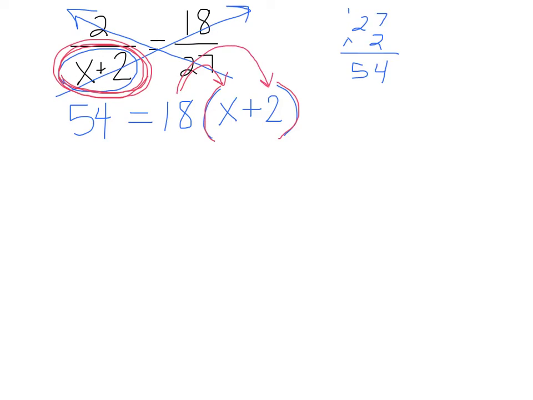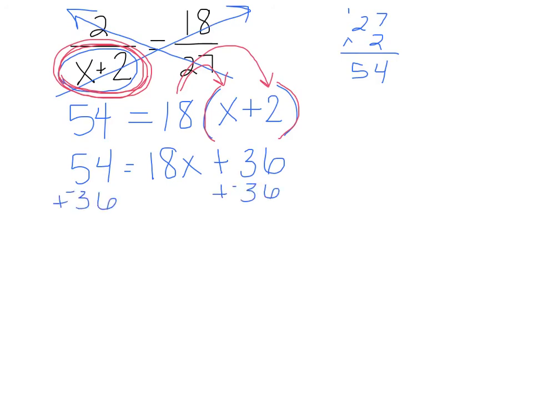So we're going to end up with 54 is equal to 18x plus, and then 18 times 2, which is 36. And now we have ended up with a 2-step equation to get that x alone. The first step is to add that negative 36 to both sides. And when I do that, I'm left with an 18x over on this side.